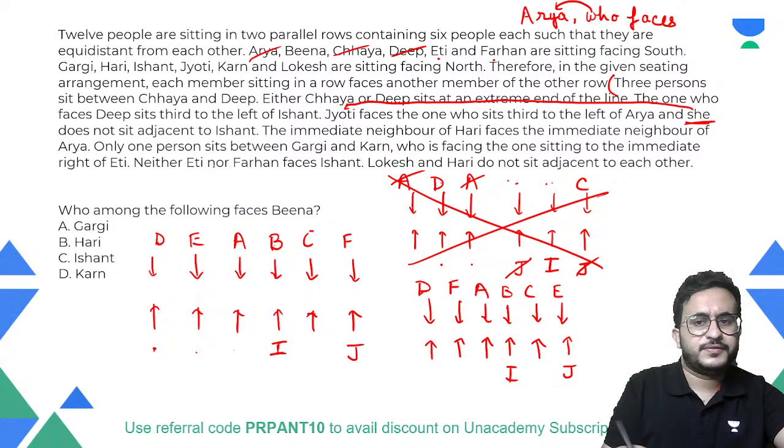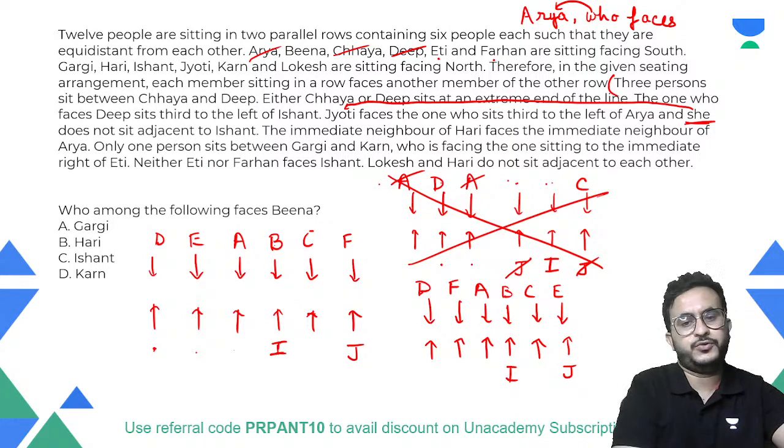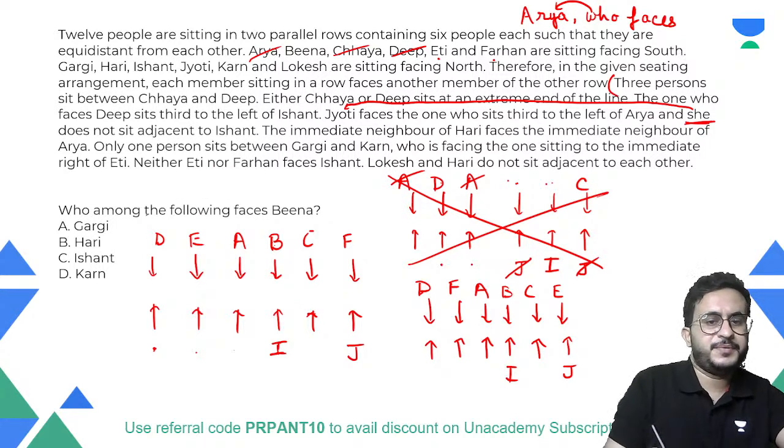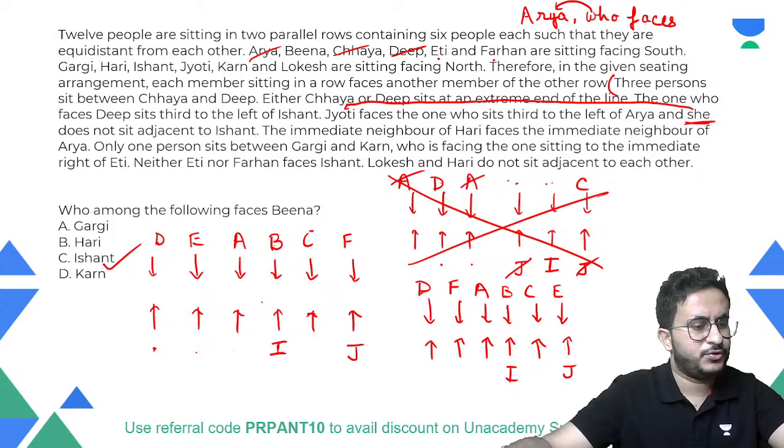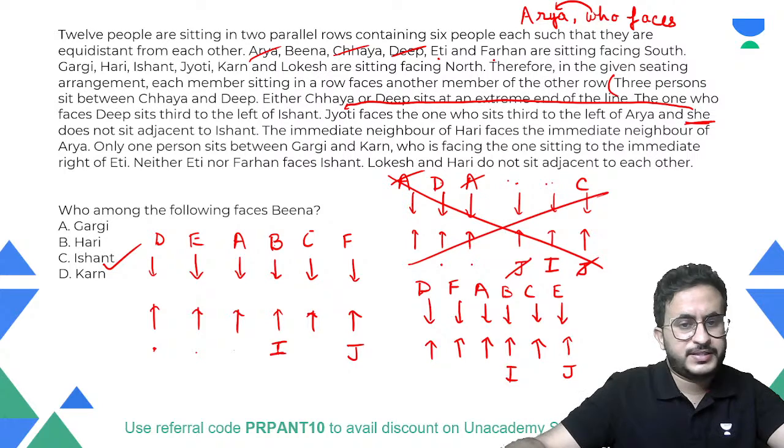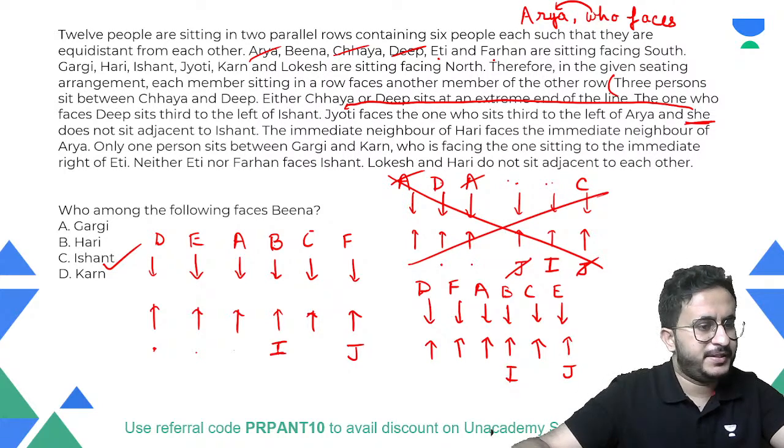Now we can fill in this information. So we have taken two possibilities. This question can be answered: which of the following faces Bina? Yes, Ishant faces Bina. We can answer that, but let's complete the arrangement. Has anyone completed the arrangement? Sujit, Rajiv, Sneha, Rishabh.